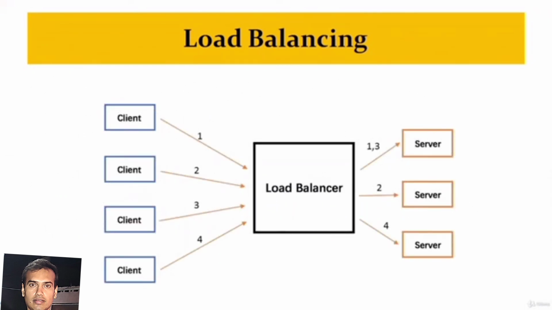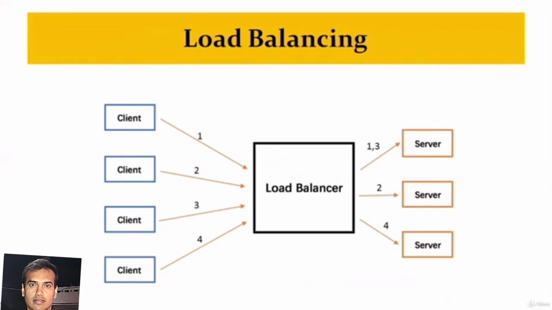So for the diagram purpose, we have shown 4 clients here, but there can be thousands and lakhs of clients. And say we have the servers 1, 2, and 3. If we have a single server and we have thousands and lakhs of queries at a single server, one server may fail to respond to all clients. It may hang. So what we'll do, we'll balance the load.